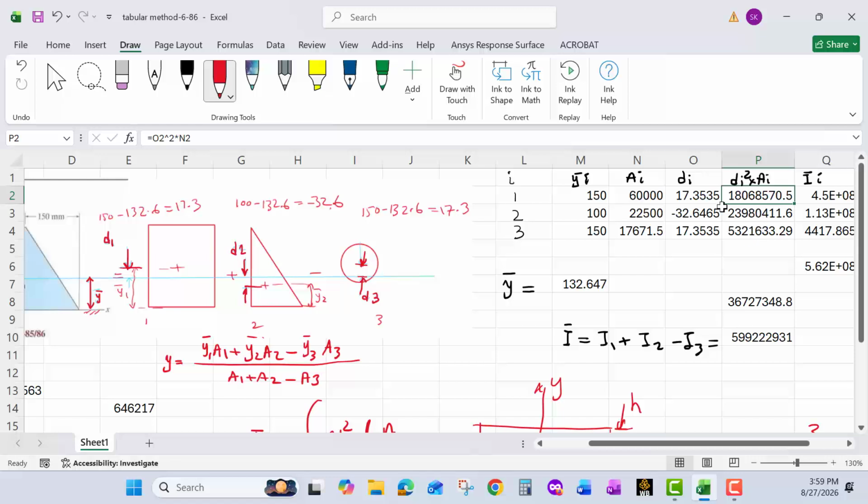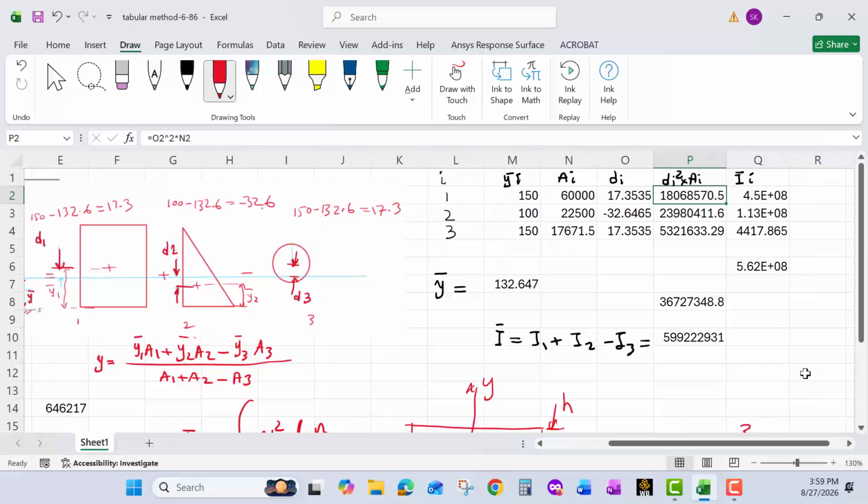Interestingly, if I drag this handle down, the very same formula will be repeated for the following rows. So this row would look at the left values for calculation, and this row would look at the left side for the calculation. So easily, we managed to calculate the penalty for each decomposed shape. Now, the next step is I would key in the standard value of I for each decomposed shape.